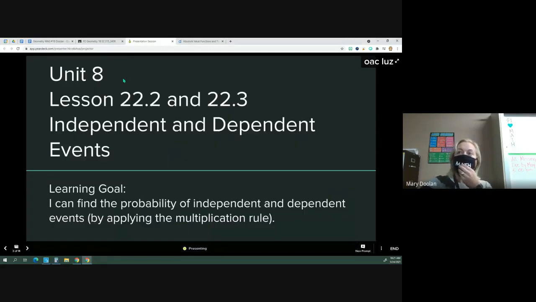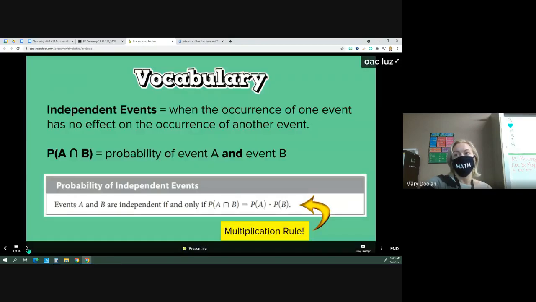So our Unit 8 lesson today is from 2 sections in the book on independent and dependent events. And your learning goal is: I can find the probability of independent and dependent events by applying the multiplication rule. Today we're going to focus on independent events, and then tomorrow we'll focus on dependent events. Okay, and so we'll look at the definition of independent events.